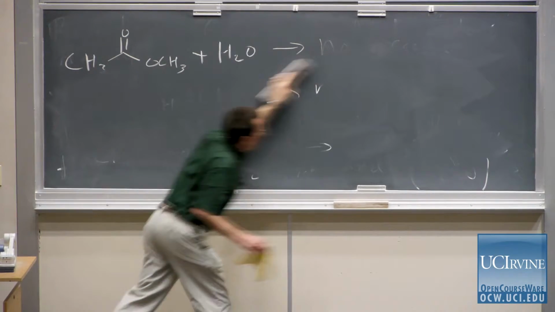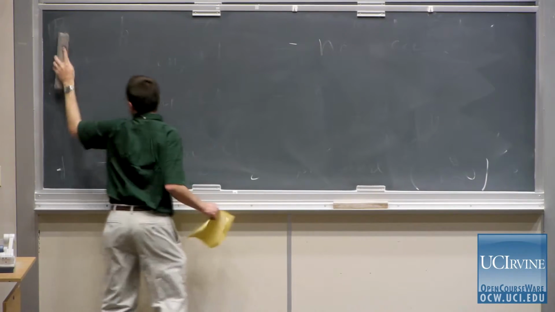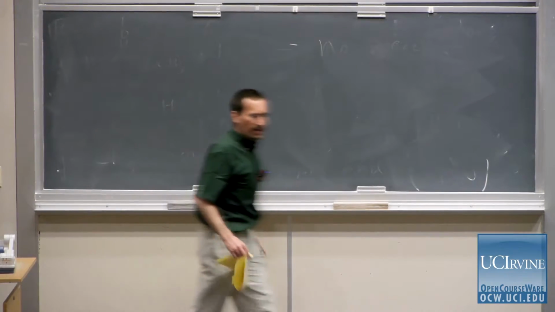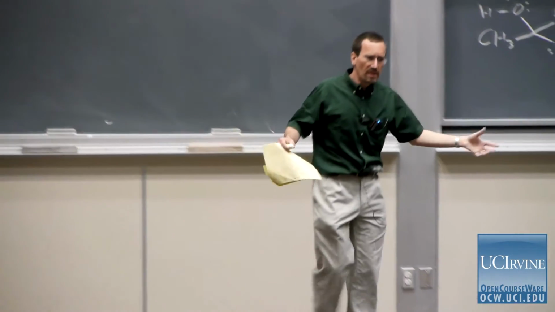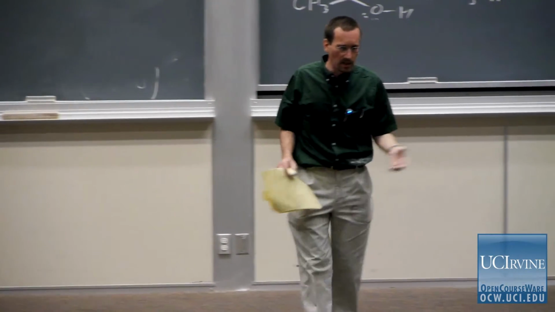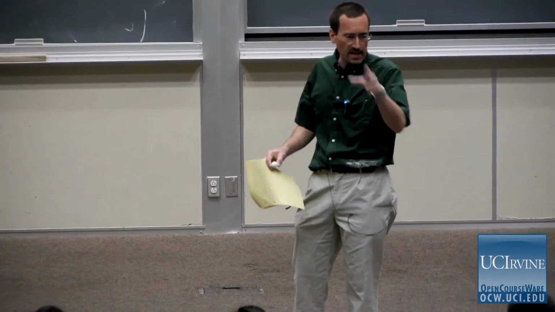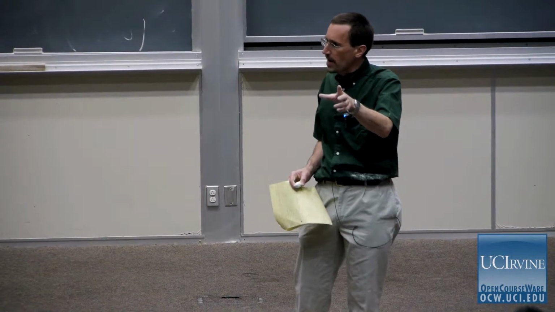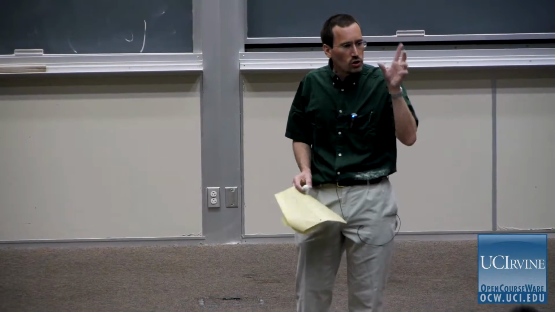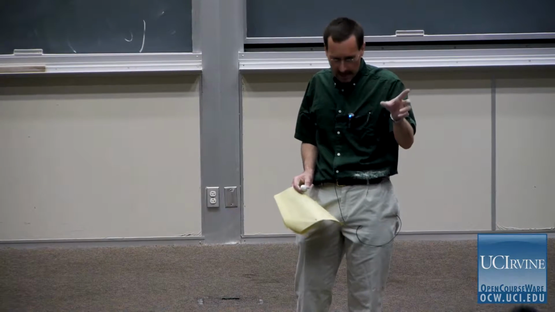And this looks a heck of a lot like a geminal diol if you think about it. And the common theme in all of this chemistry that we've talked about is that these types of tetrahedral intermediates, these types of geminal diols, are not generally stable.